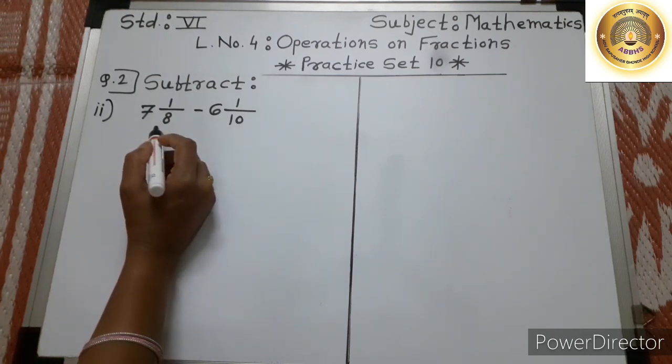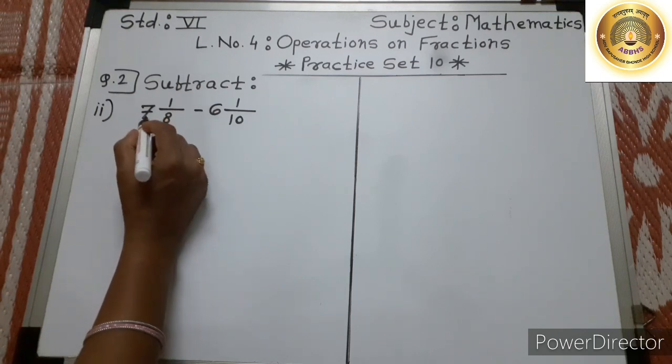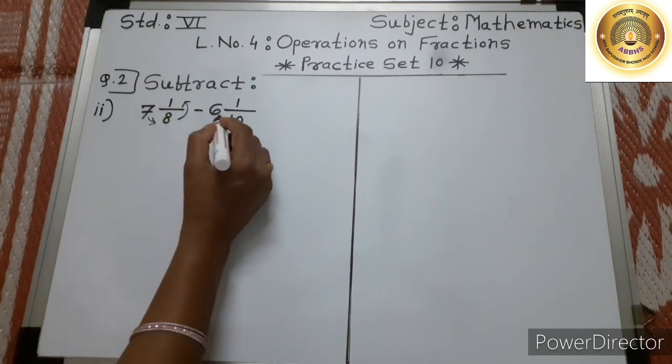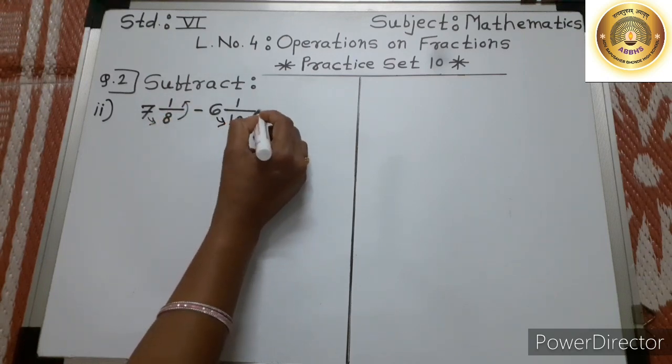These are mixed numbers and you have to convert them into improper fractions. So 7 multiplied by 8 plus 1, 6 multiplied by 10 plus 1.